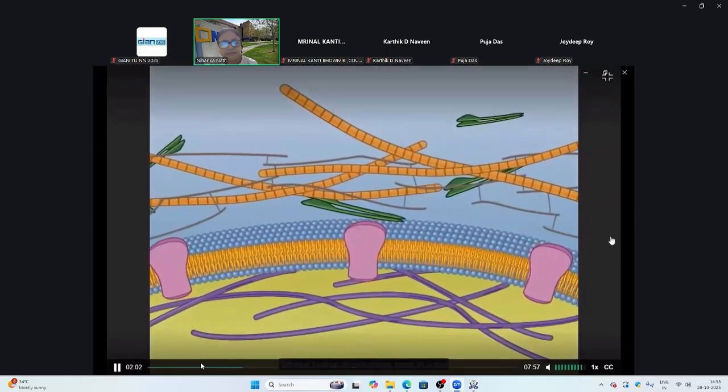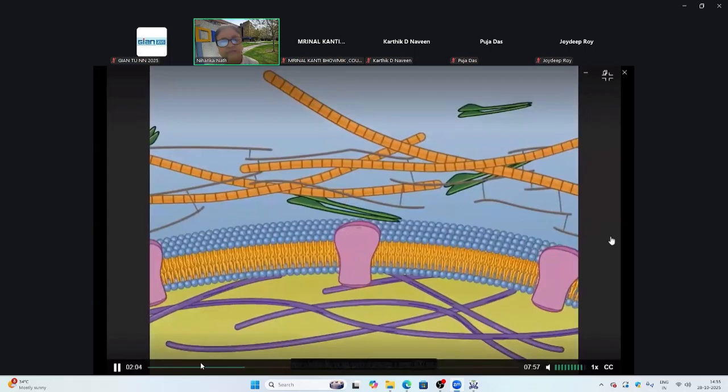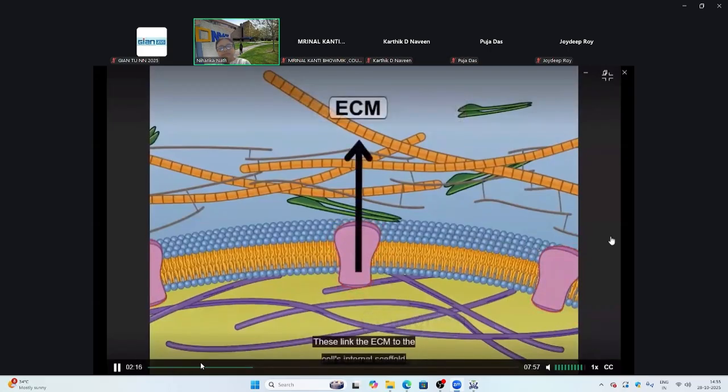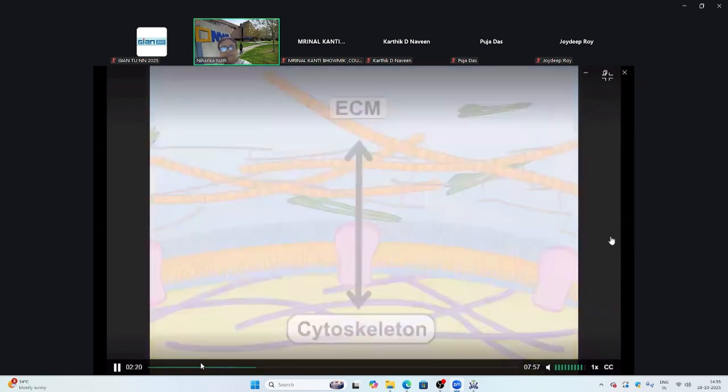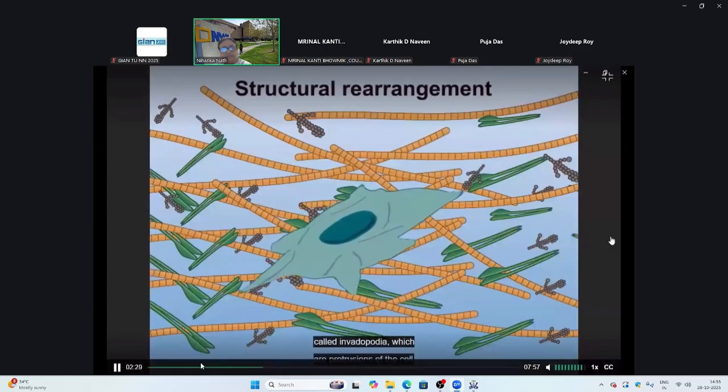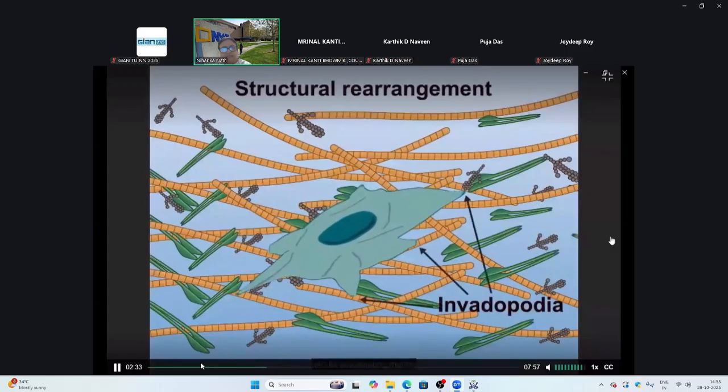Several biological processes need to occur for cells to migrate through the ECM. The first is cell matrix adhesion, which involves transmembrane proteins called integrins. These link the ECM to the cell's internal scaffold, known as the cytoskeleton. Another process is the structural rearrangement of the cell's cytoskeleton. This leads to the formation of specialized structures called invadopodia, which are protrusions of the cell into its surrounding matrix.